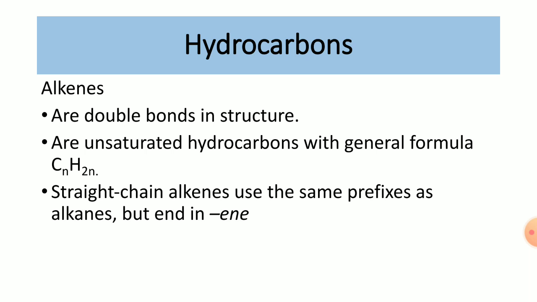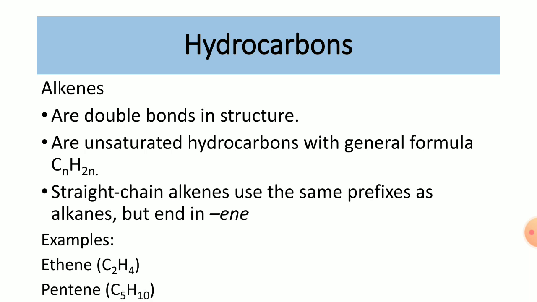If in alkane, it will end in ane, in alkenes, it will end in ene. Example, we have ethene. Ethene has two carbon atoms. So that is C sub 2, then H sub 2 times 2, which is 4. Therefore, we have the molecular formula of C sub 2 H sub 4.